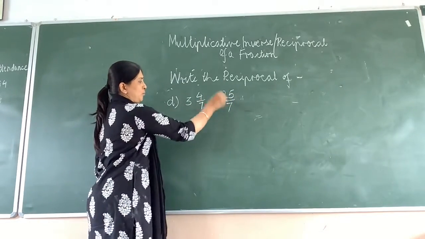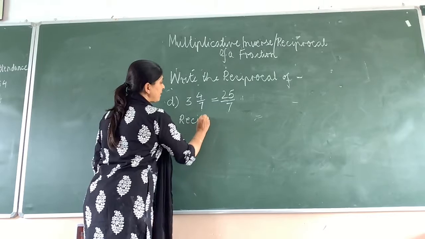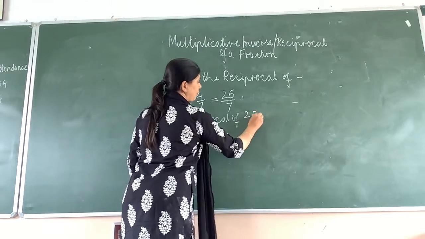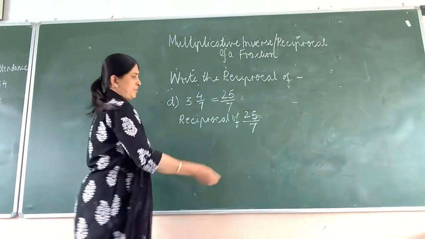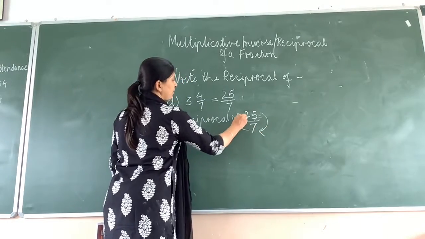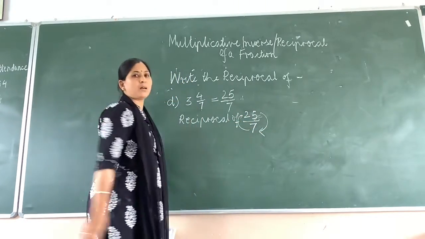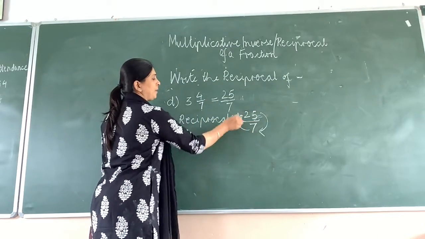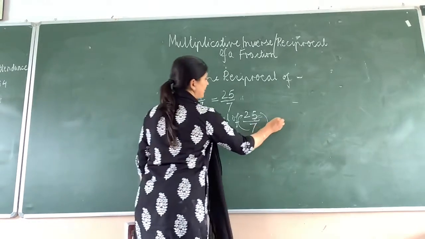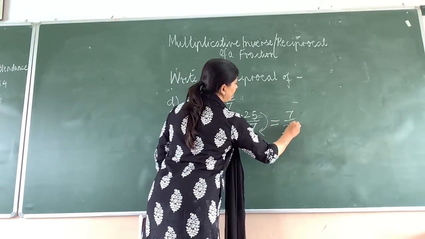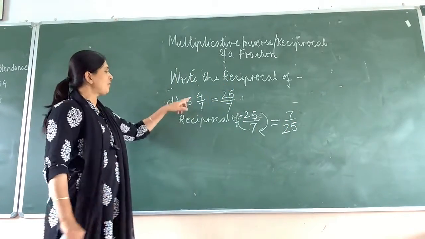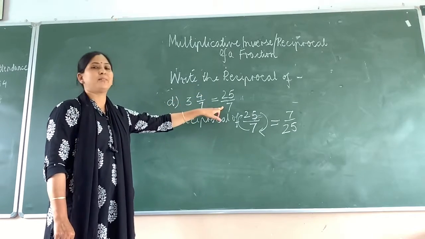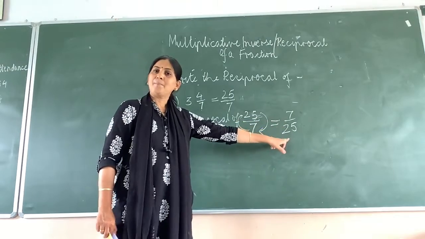Now we can write the reciprocal of 25 over 7. Numerator will become the denominator and denominator will become the numerator. The reciprocal will be 7 over 25. So if a mixed fraction is given to you, we first change it into an improper fraction and then write the reciprocal of that improper fraction.